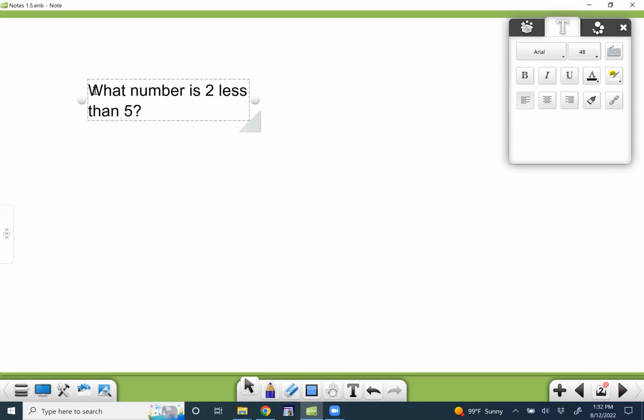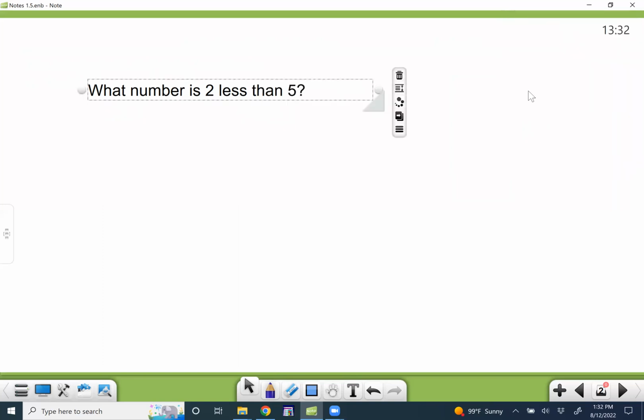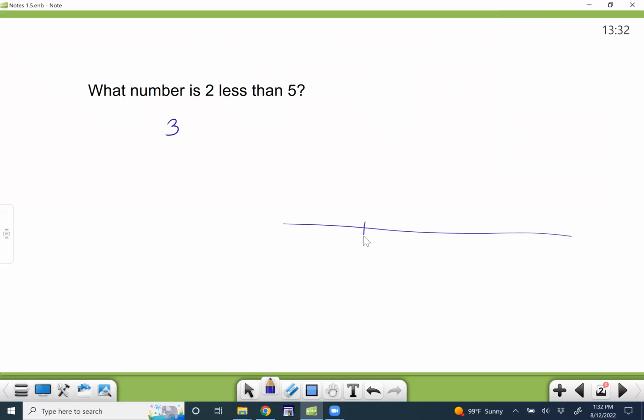Just don't even think too hard. What number is 2 less than 5? Hopefully you came up with the number 3, right? If you're on a number line, here's 2, 3, 4, and 5. If I'm at 5, 2 less than it would be right here at 3, right?